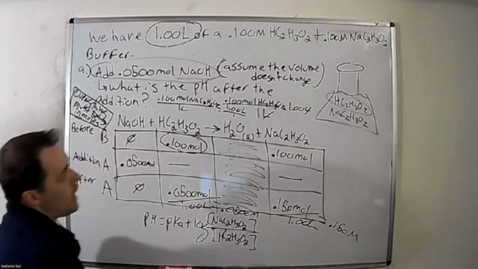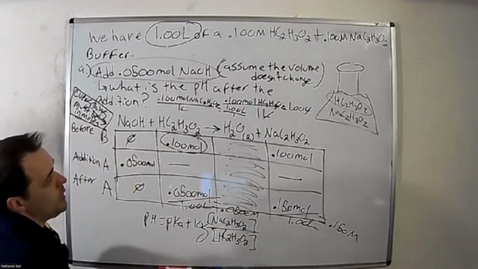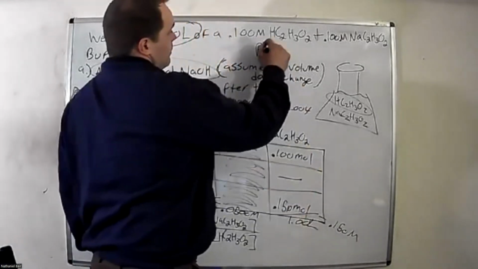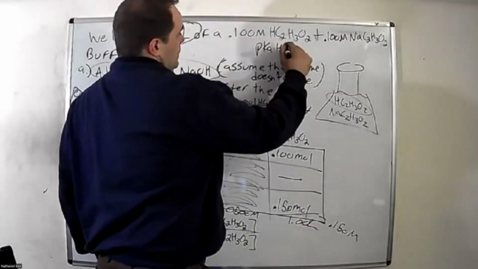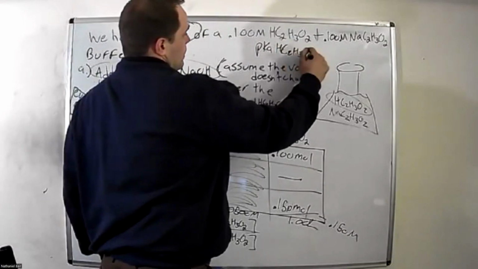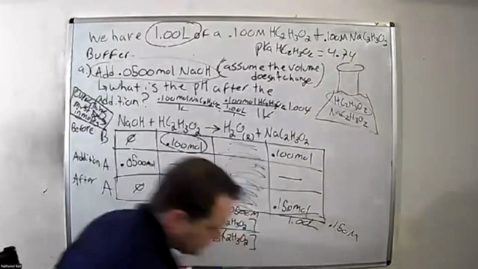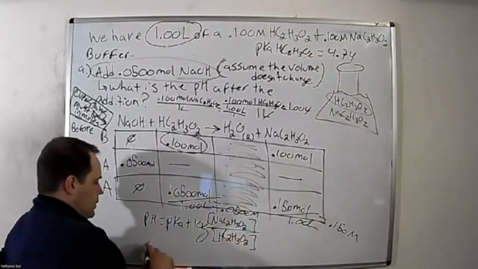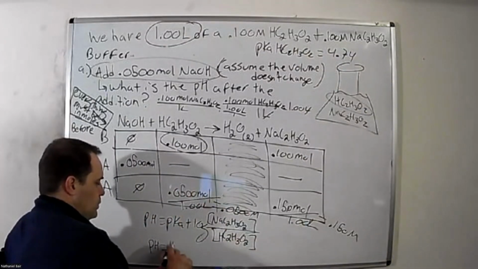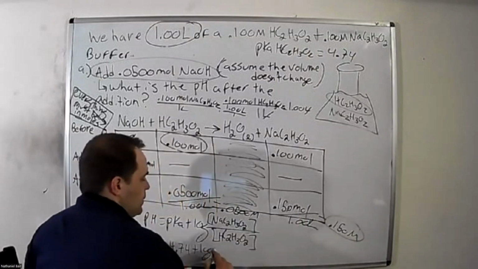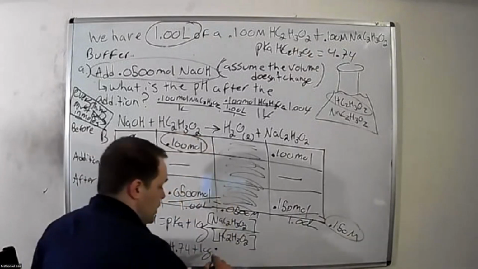So now we can Henderson-Hasselbalch this, right? We need the pKa. So the pKa of acetic acid is 4.74. So the pH equals 4.74 plus the log of the base concentration after the addition of the sodium hydroxide.